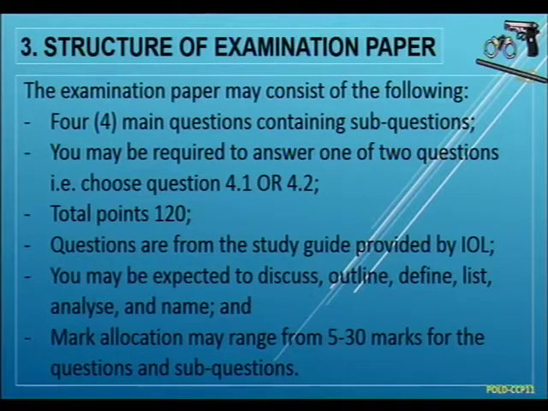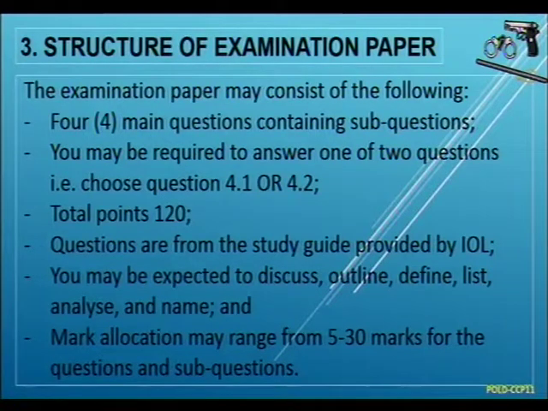Now, when you look at the structure of the examination paper, it will consist of 4 main questions containing sub-questions. You may be required to answer 1 or 2 questions. An example, choose either question 4.1 or 4.2. The total points will be 120. Questions are from the study guide provided by IOL.